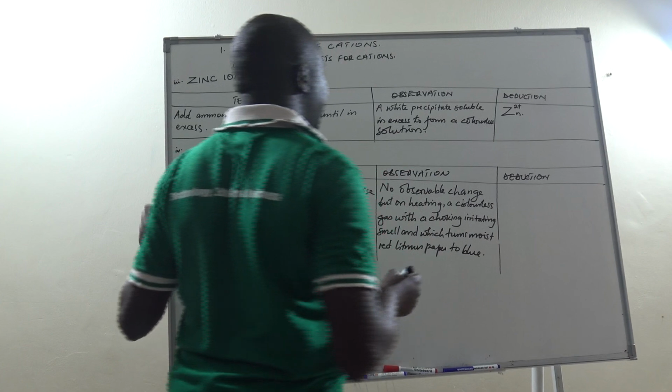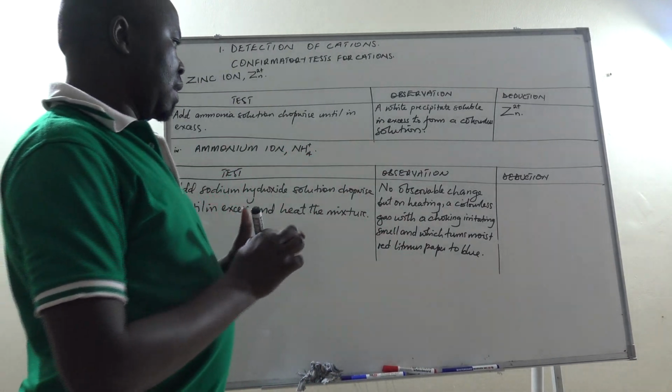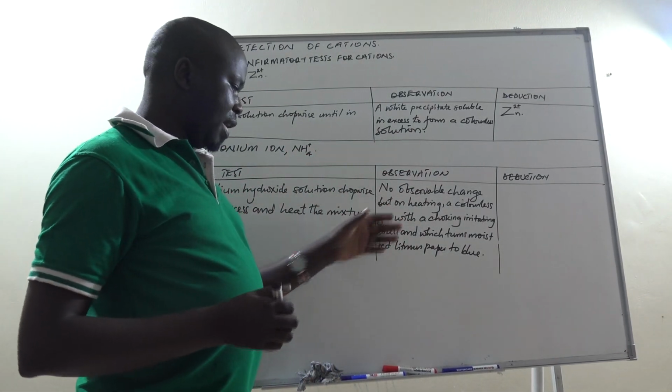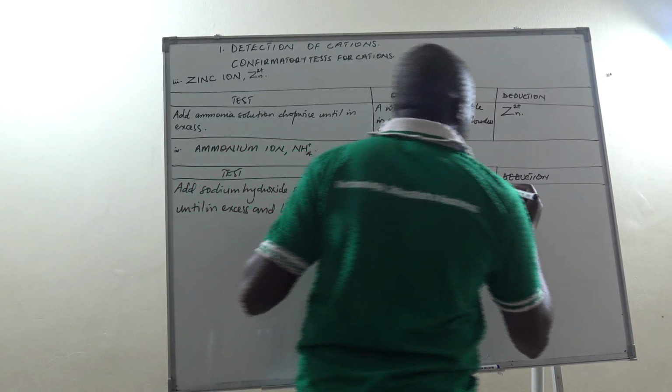Ammonia is the only common alkaline gas that we deal with here in qualitative analysis.